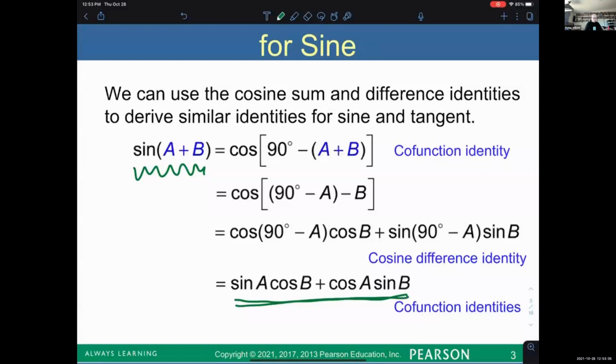I think they might have a summary for us a little later, but we end up having that the sine of A plus B is sine A cosine B plus cosine A sine B. And when we had the cosine formula before, we had kind of a similar pattern, but instead of having sine and cosine in each, it had cosine cosine minus sine sine, where here we have sine cosine plus cosine sine.